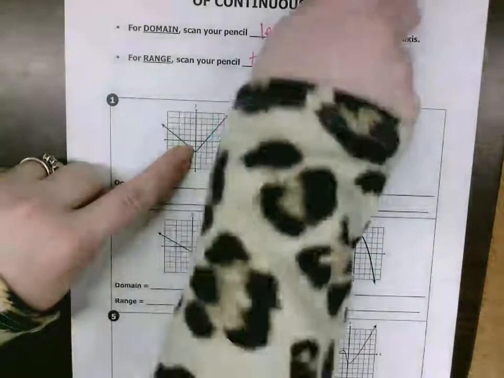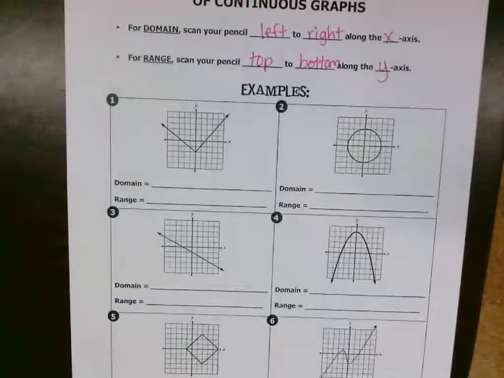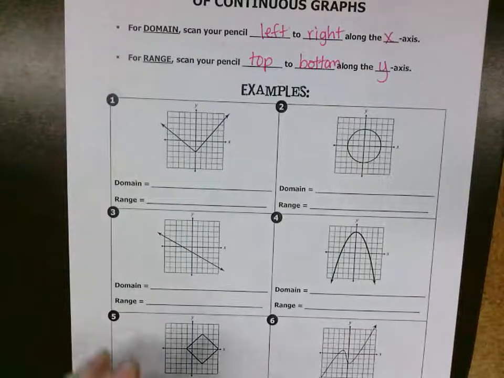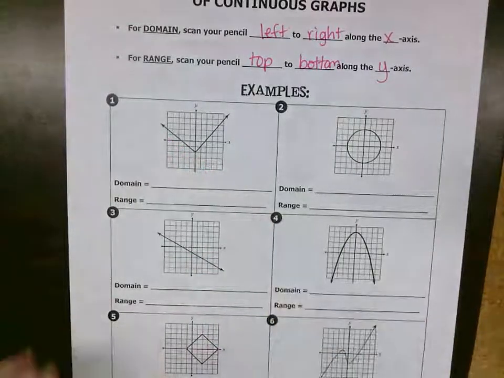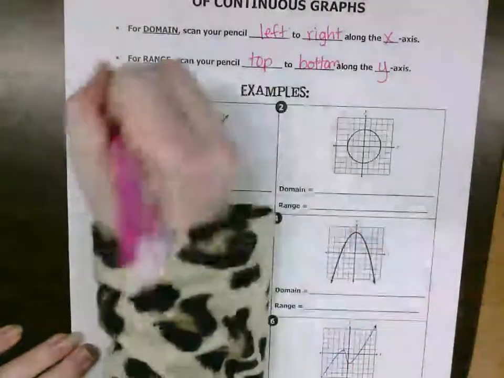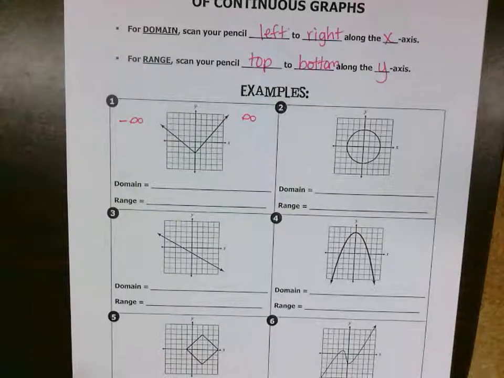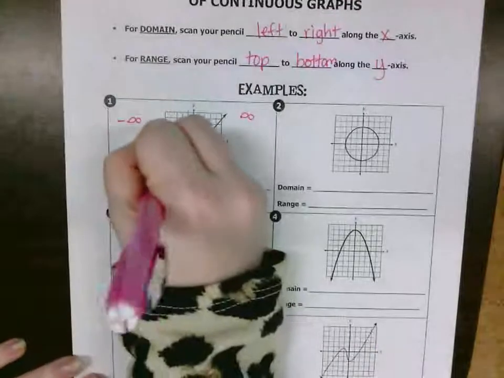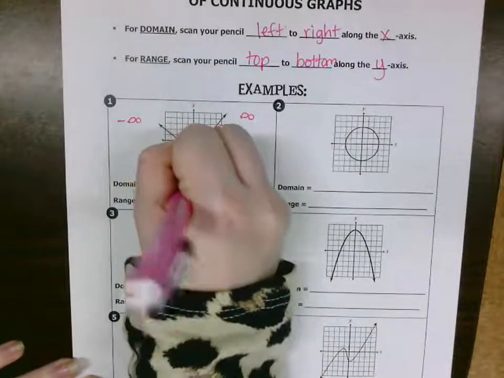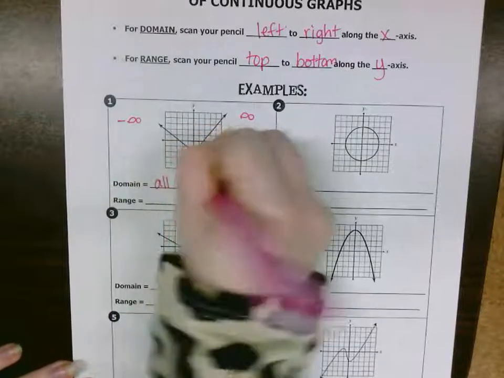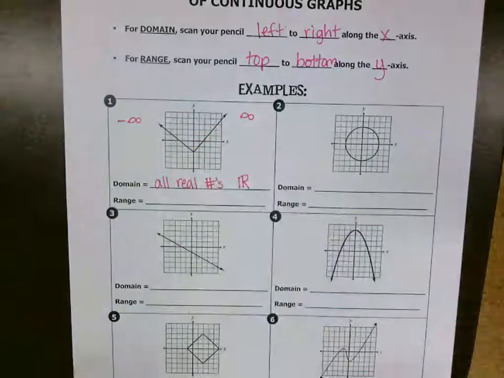So when we're trying to talk about our domain, what does it mean if it goes on forever? That means it goes on to negative infinity this way and then to infinity this way. So that means for our domain, it includes all real numbers. So all real numbers.